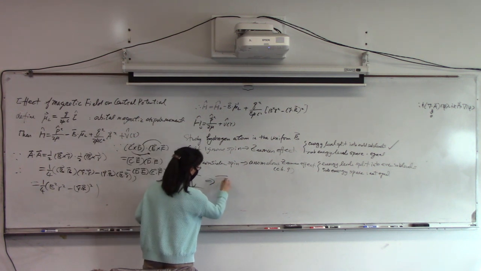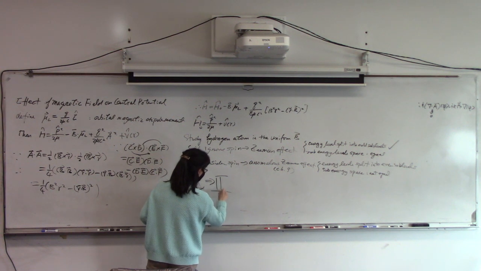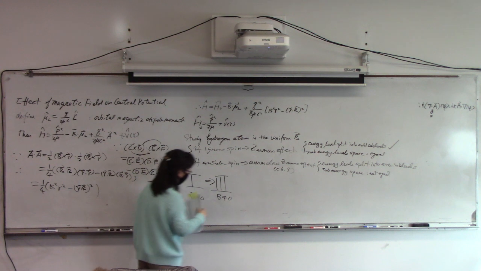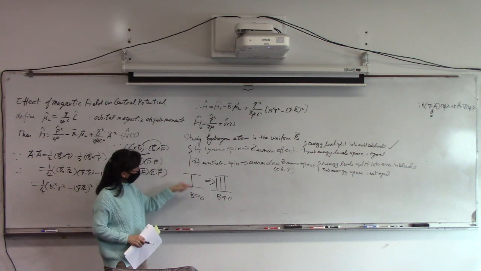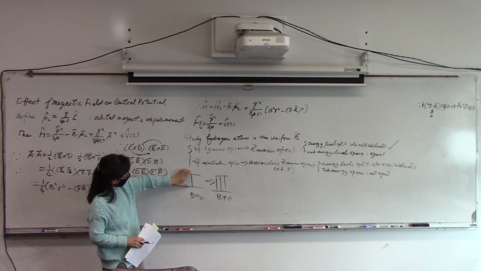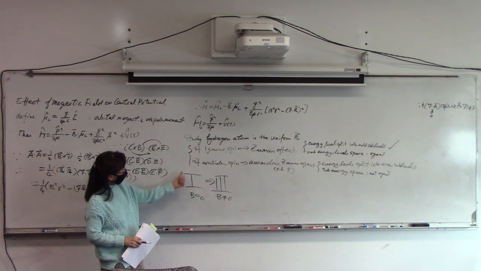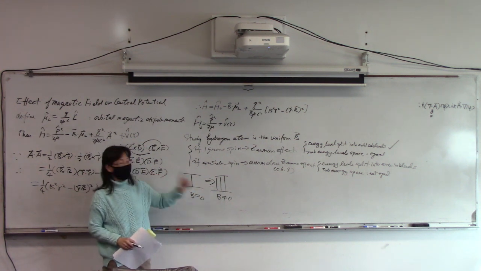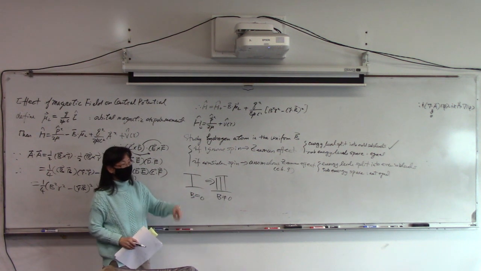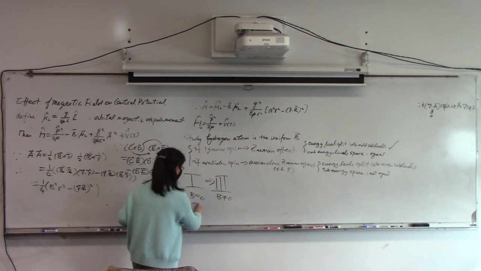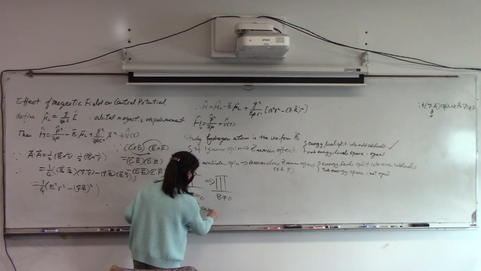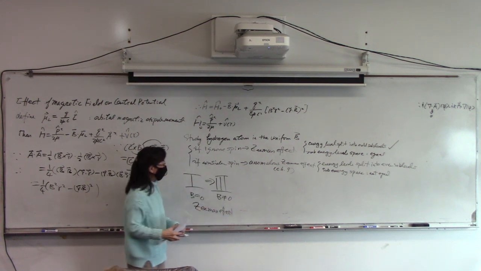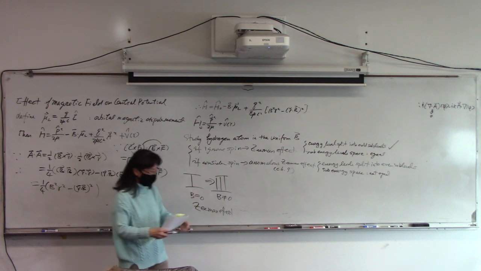But when B is not equal to 0, if you switch on the magnetic field, you will see the hydrogen atom's excitation or transition line, the spectrum, split into, in this example, 3. So that is the Zeeman effect. We are going to explain what happened here.